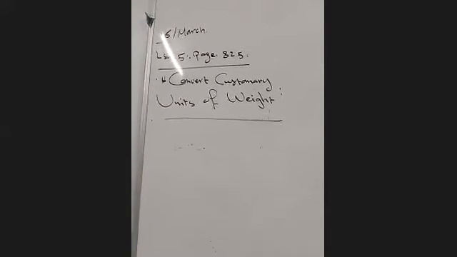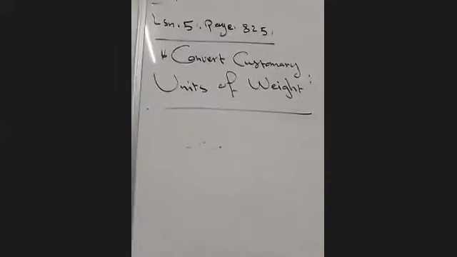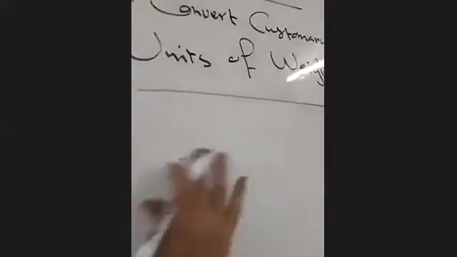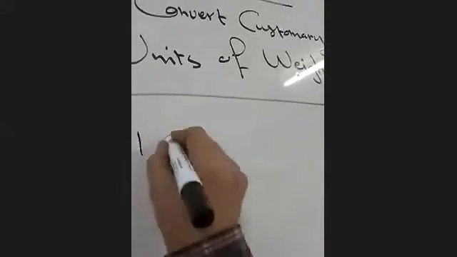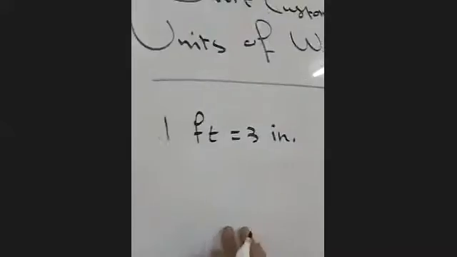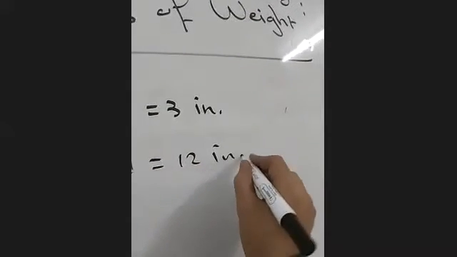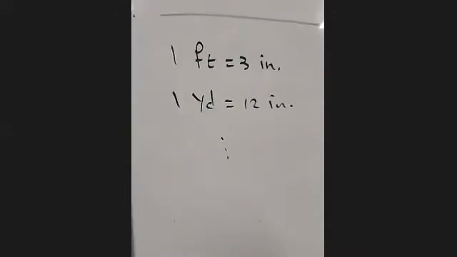Now, in the previous lesson, guys, we converted the customary units of length. If you remember, we said that each 1 foot equals 12 inches, and each 1 yard equals 3 feet. And we took some other formulas.